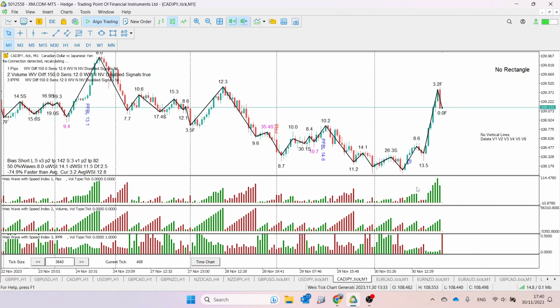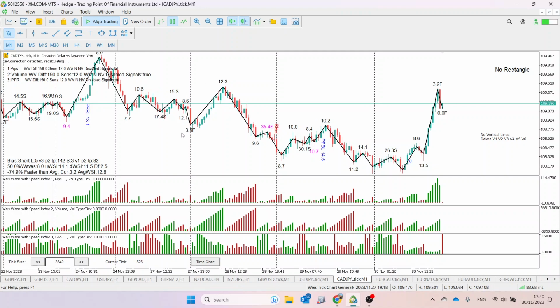If you're not aware of it, it's everywhere on the internet. Let me tell you how you can use Weis Wave with speed index to benefit and identify it from such a move. So the first thing we'll do is start drawing and find out where we are.